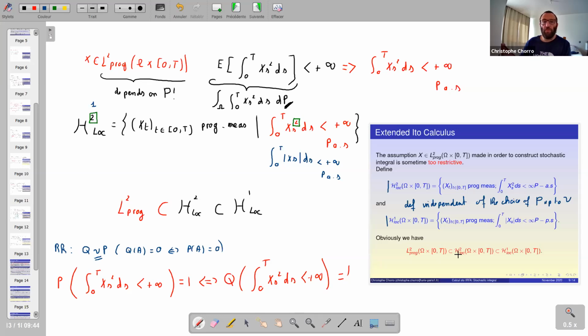And what will be nice later on is that the definition of H1 log and H2 log will be independent of the choice of P or Q. So it was my first remark concerning this. So I have spaces that are greater and greater this way. In particular, L2 prog is included in H2 log.